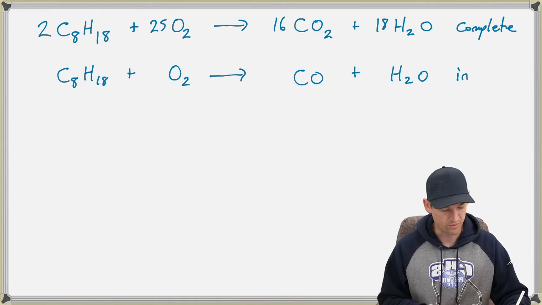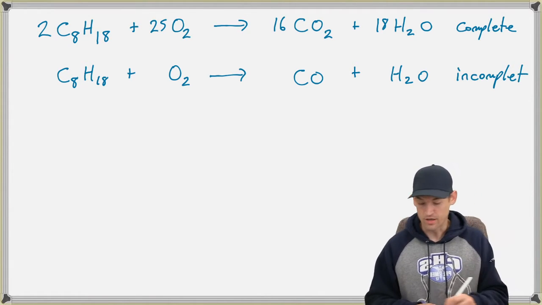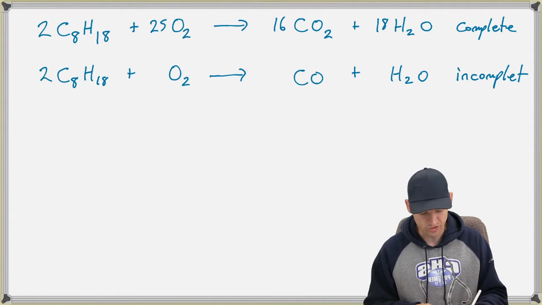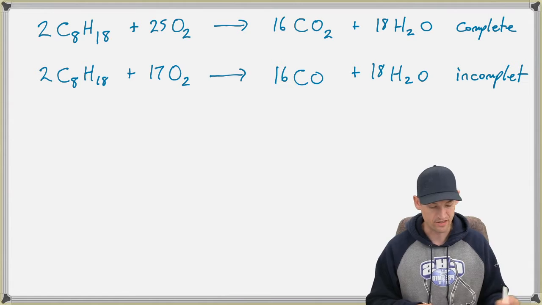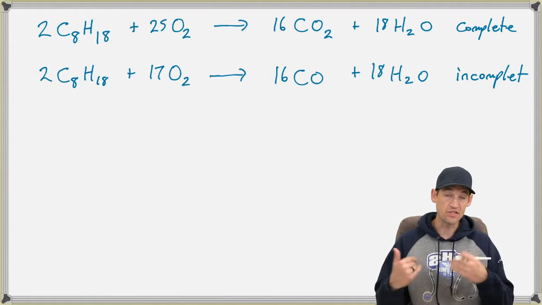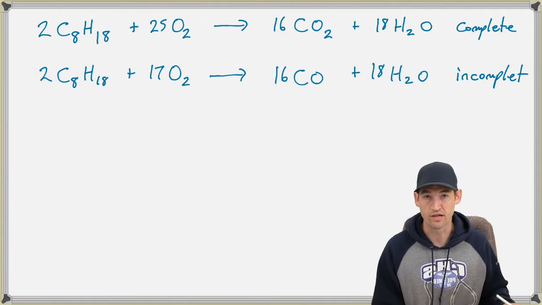So this is incomplete. And let me just balance this for you. It's 2, 17, 16, 18. So you can see less oxygen is required to make carbon monoxide than carbon dioxide.